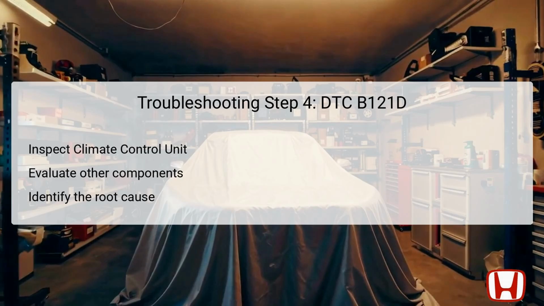This comprehensive approach ensures that all possibilities are assessed before concluding that the climate control unit is defective. Understanding the whole system is essential for making informed decisions regarding repairs and replacements in the context of DTC B121D.